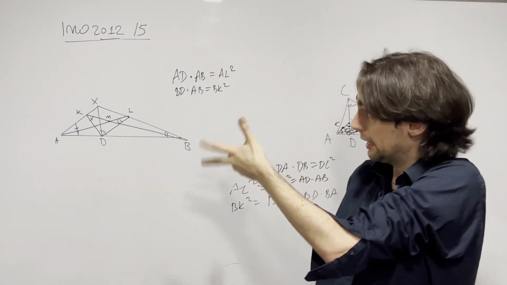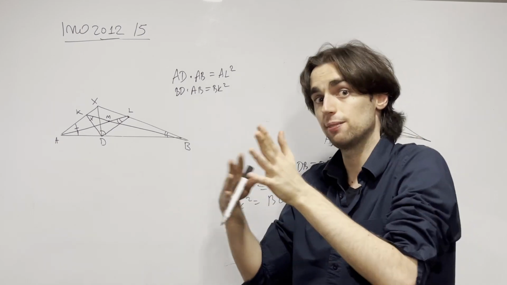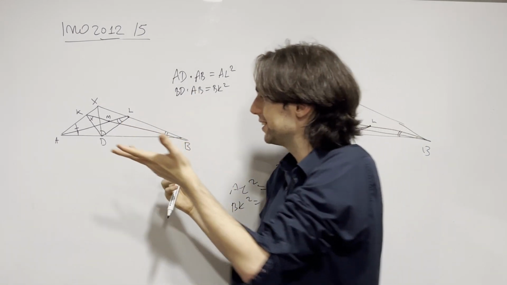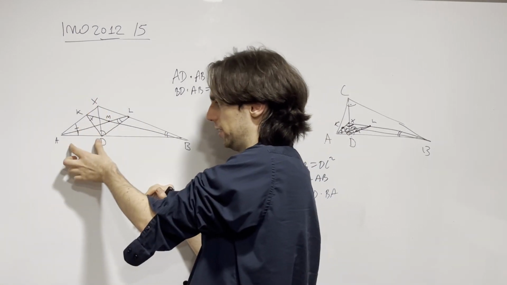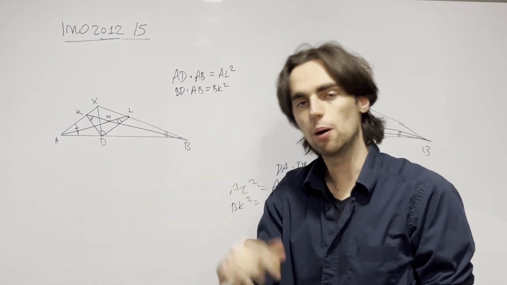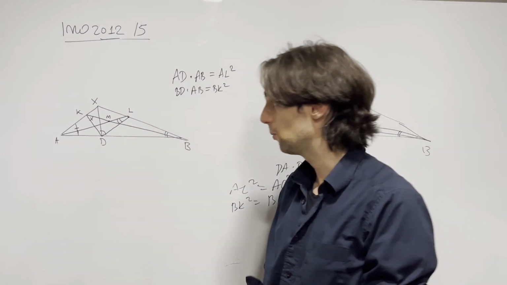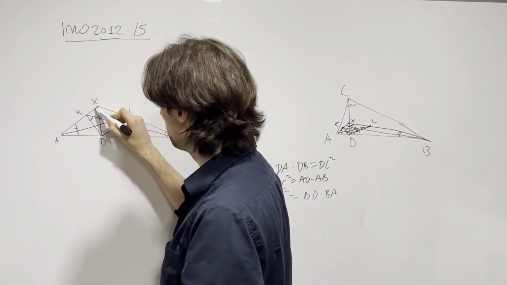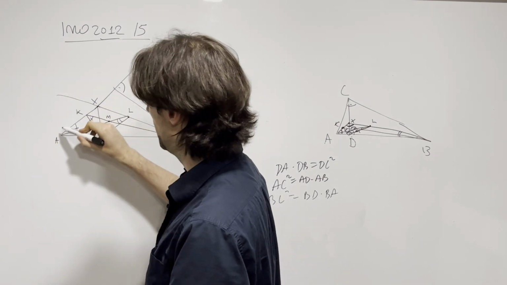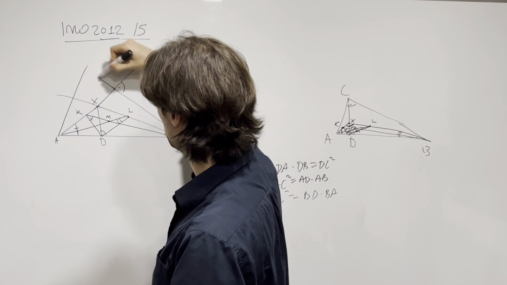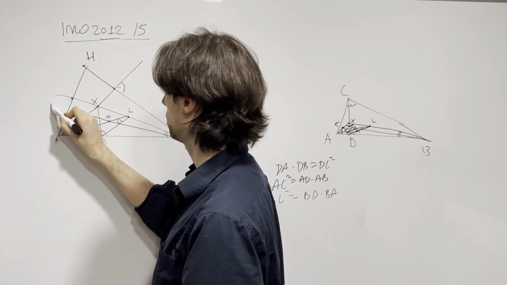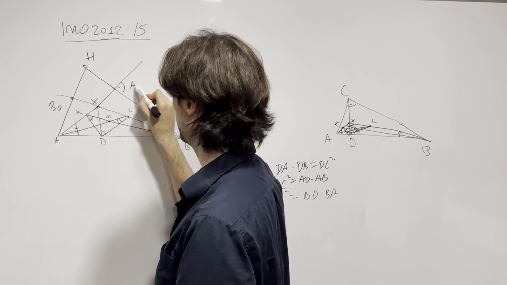And this is where the idea comes in. The next idea, which I invite you to pause for 5-10 minutes and try to come up with, is this. Wait, I have a foot of perpendicular here. AD times AB, where does that show up? Well, when I add the other feet of perpendiculars, I add them here, boom, boom, and I intersect with the orthocenter H. Call this B0, call this A0.